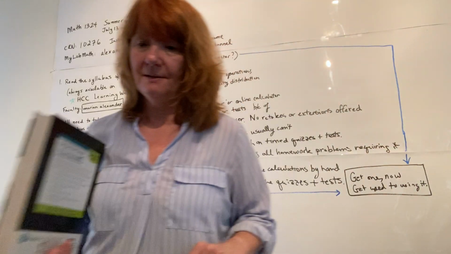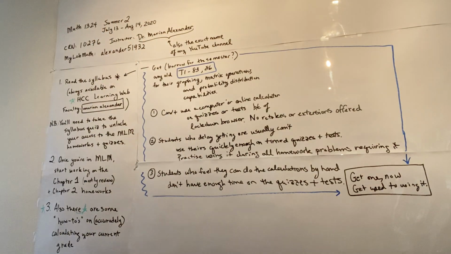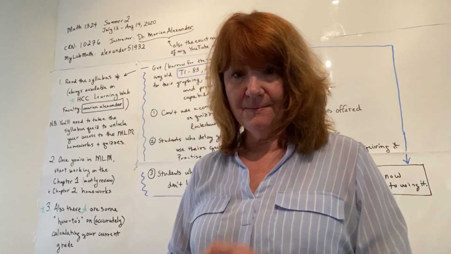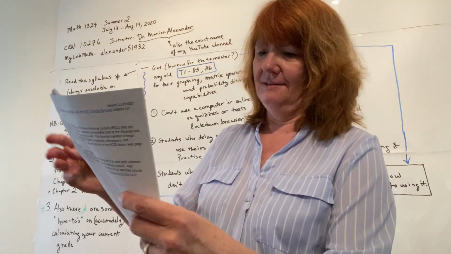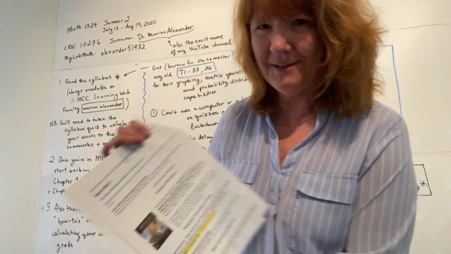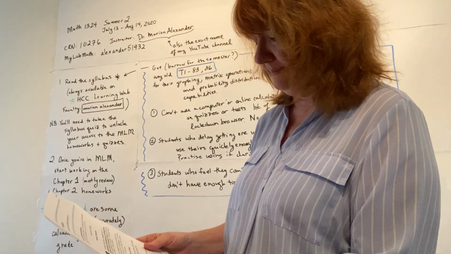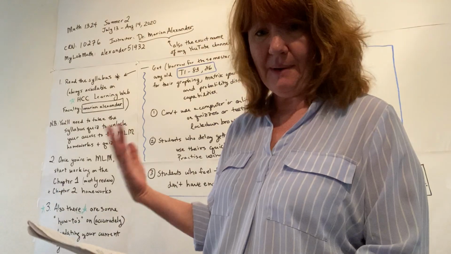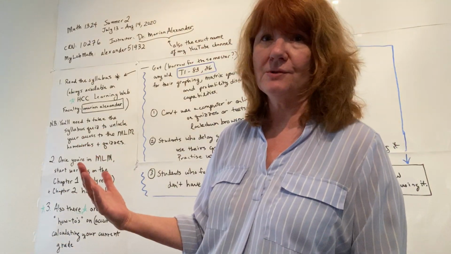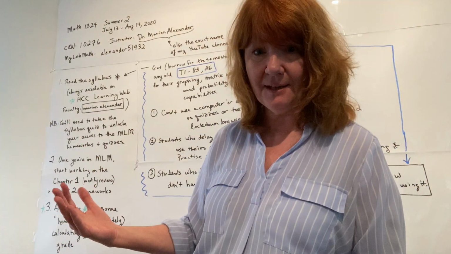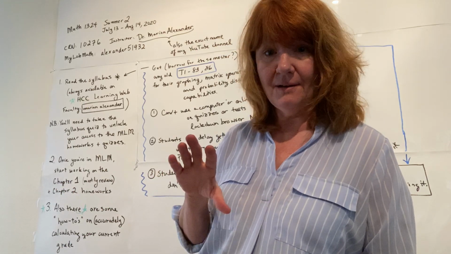All right, so on the syllabus, you will see next to that picture the ISBN number for that book, for getting a hold of it online. Okay, but within the MyLab Math course, where you're doing your homework and taking quizzes, there is an e-text.